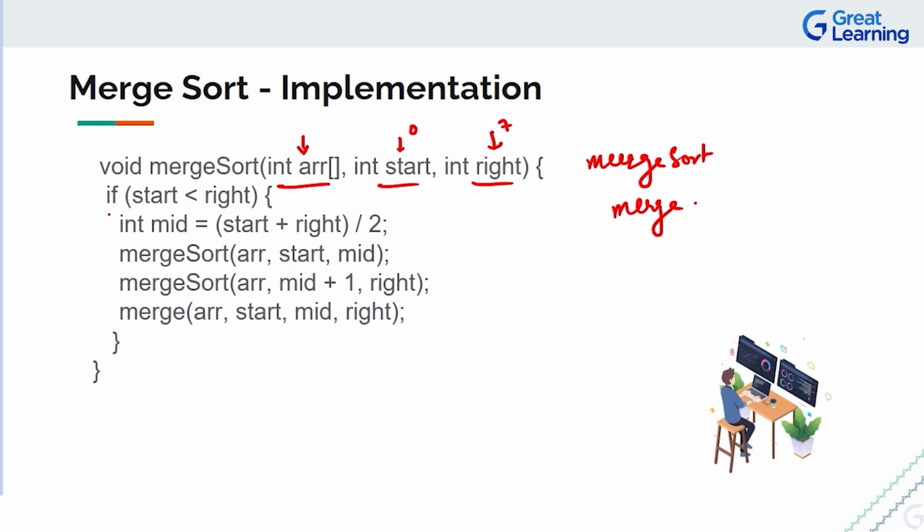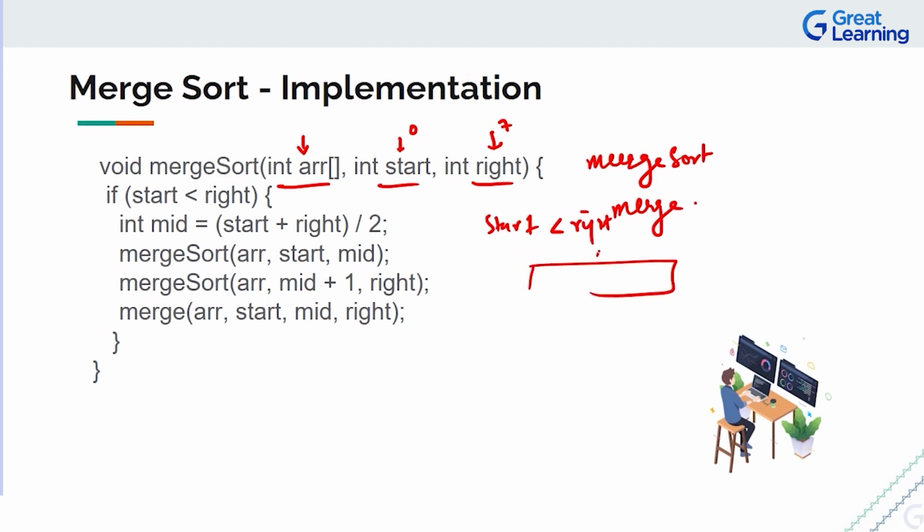Okay. Now we will only run this merge sort function when our start is less than what? Right, the end. That is, start is less than right. Because we know only then will we be dividing it into further segments.